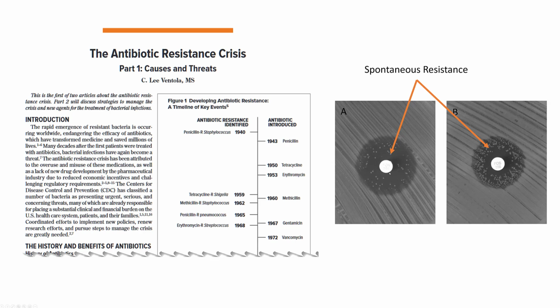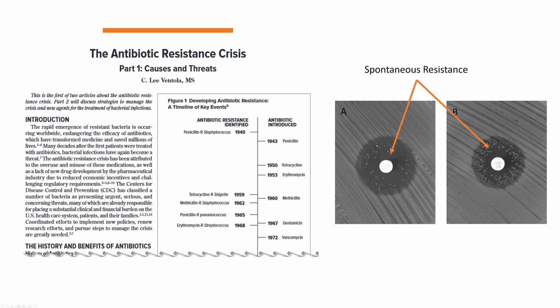in the organism, if you recall, I just talked about committees and various things that monitor and create standards, and that's why it's important. But the reason I brought up this slide is if you see these little colonies growing, you can see the majority of the bacteria are susceptible, and that's why you see the clearing. But there are some that are spontaneously resistant that show up. Now, these are mutations that occur, and this is where the resistance comes from.